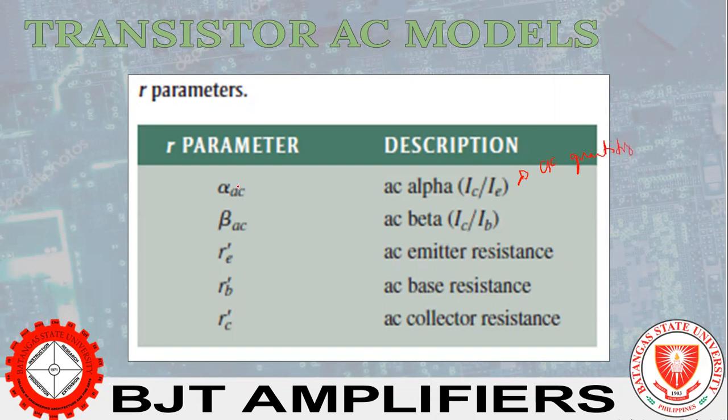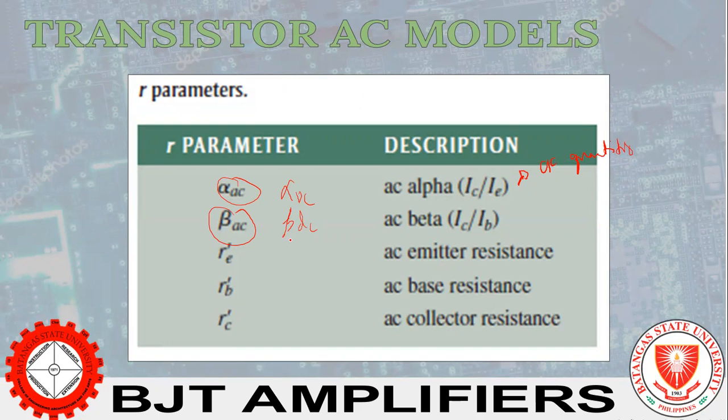Kaya tayo ay may alpha AC at beta AC. Dati, meron tayong alpha DC at beta DC. Mostly ay magkapareho ang value ni beta AC and beta DC. Binibigay naman siya sa given or minsan pinahanap siya. Kaya natin kuhanin yun.